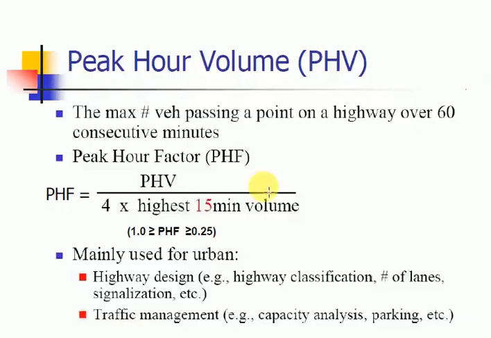Next important thing is the peak hour volume, because for this the peak hour factor is calculated. So basically the peak hour factor is the hourly volume during the maximum volume hour of the day divided by the 15-minute flow rate.